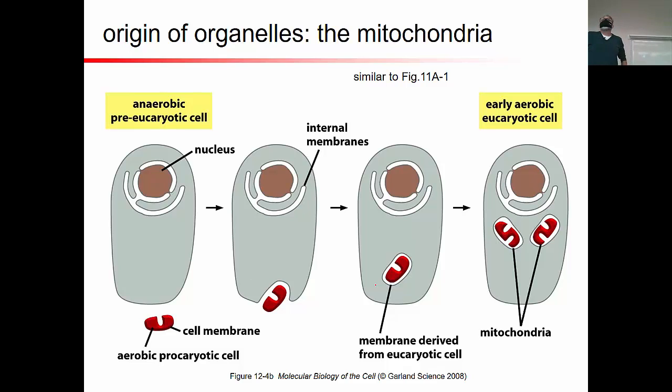So the mitochondria, these are the powerhouses, the little factories making ATP in our cells. Eukaryotic cells have two major factories. They have chloroplasts and they have mitochondria, and both of those are thought to be ancient trapped bacteria.